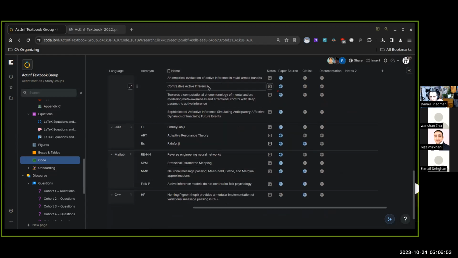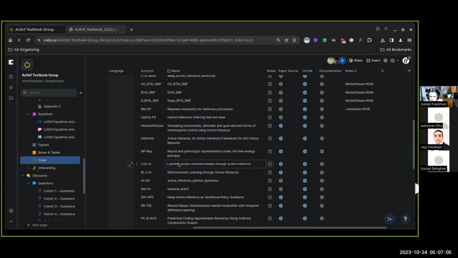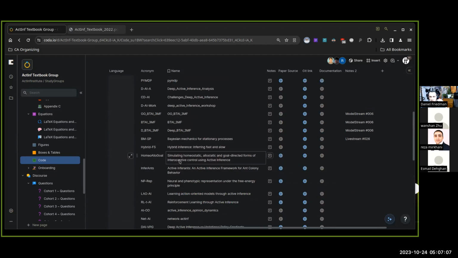So then we could filter and say, I'm looking for this language, continuous time, hierarchical model. But almost all of the Python that I've seen was discrete. Okay.